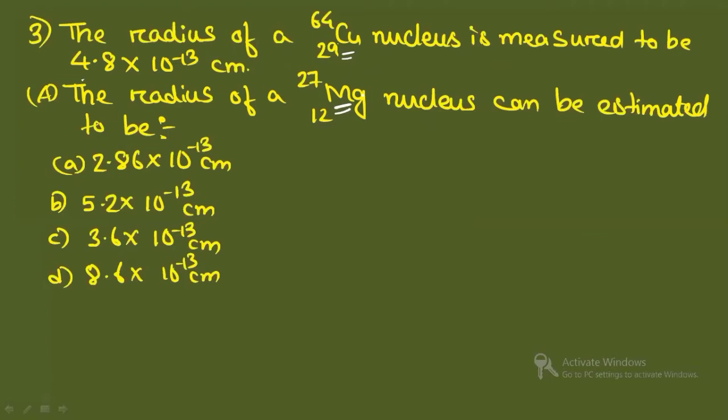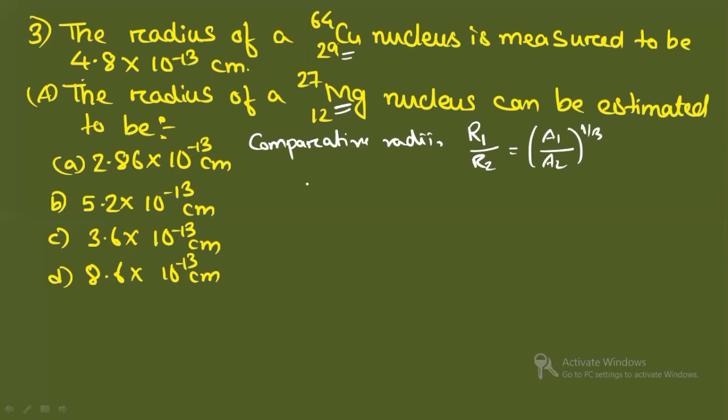I have already discussed how you can find the comparative radii. I have given the formula: if I consider R1 by R2, it is equal to A1 by A2 whole to the power 1 by 3.